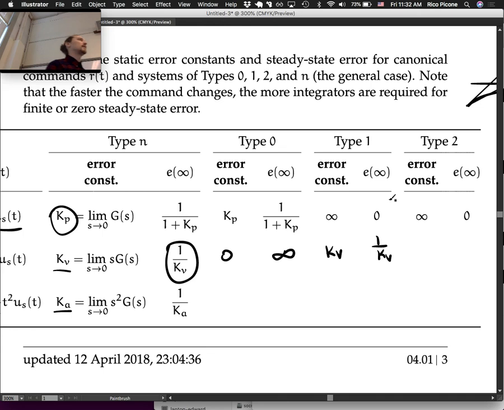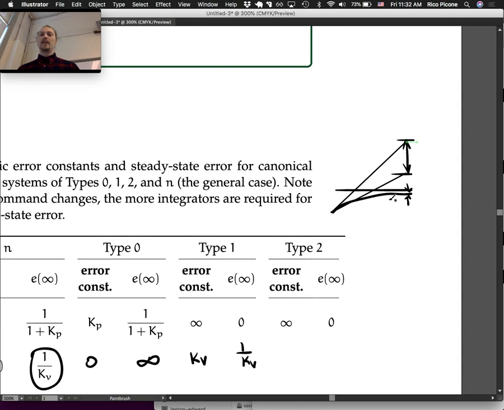This could be 5. So in this case, you have an integrator. Your response looks like this, and it tries to catch up, but it never quite does, but it's some constant offset. It doesn't grow with time. It just lags behind. So if you say I want 50 psi, it's like, well, I can give you 48 psi. And then I want 60 psi, and it's like, well, I can give you 58 psi. It's always lagging behind, but at least it's not growing. The error's not growing with time.